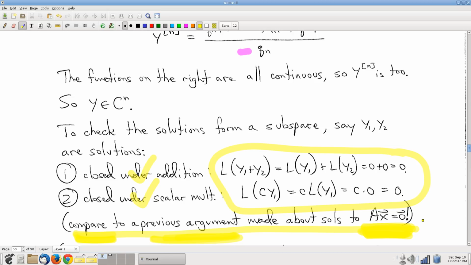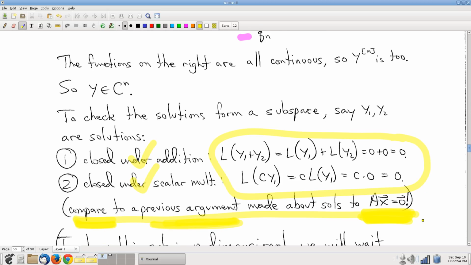We made a very similar argument at that time, and it's worth making the observation that there is a strong similarity there, because this is an example of many similarities that we're going to notice between homogeneous differential equations and matrix equations. Specifically, homogeneous linear differential equations and matrix equations.